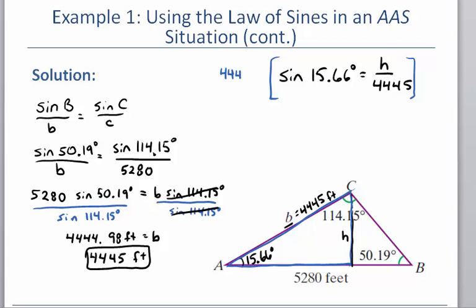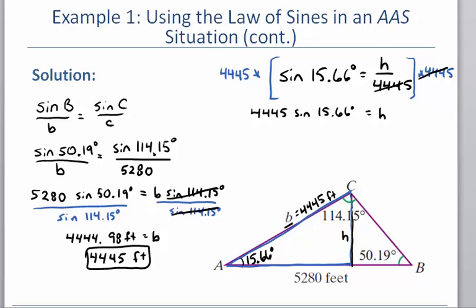I'm going to get rid of the fraction by multiplying both sides by the denominator, causing it to cancel over here and giving me 4445 times sine of 15.66 degrees. And again, this is something that I can put in my calculator.